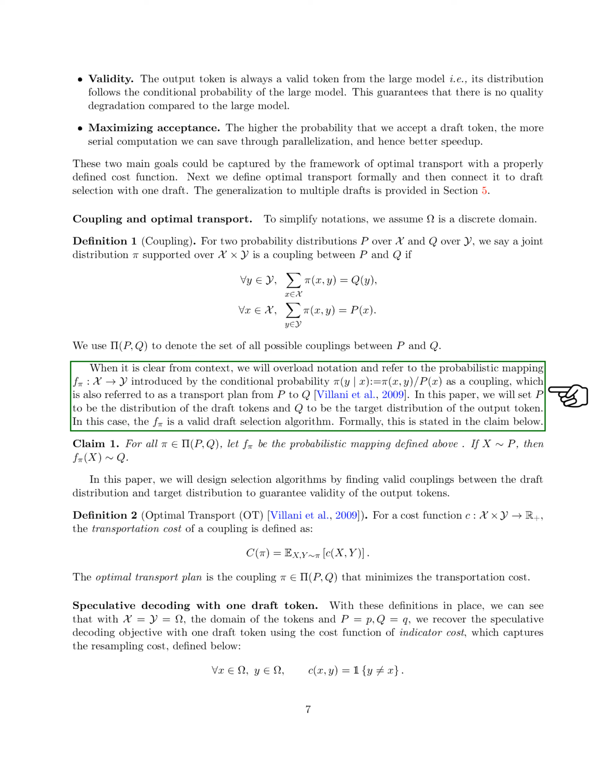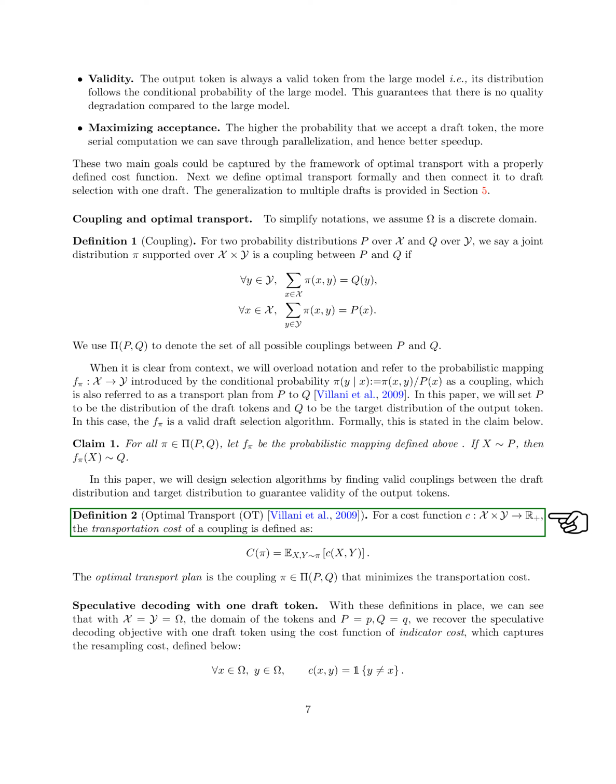Next, let's define optimal transport. For a cost function C that maps pairs of elements from X and Y to non-negative real numbers, the transportation cost of a coupling is defined as the expected value of C(X, Y), where X and Y follow the distribution pi. The optimal transport plan is the coupling pi in Pi(P, Q) that minimizes the transportation cost.